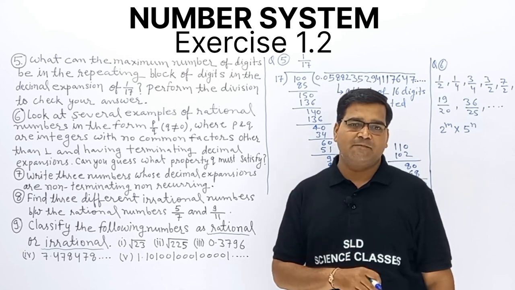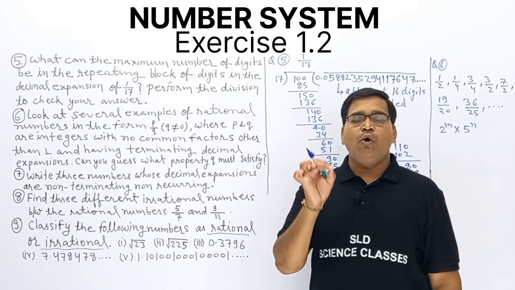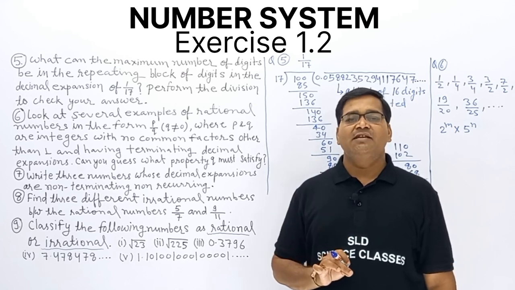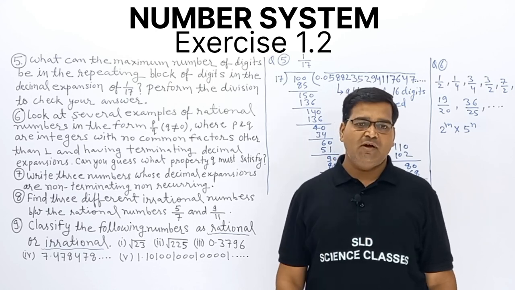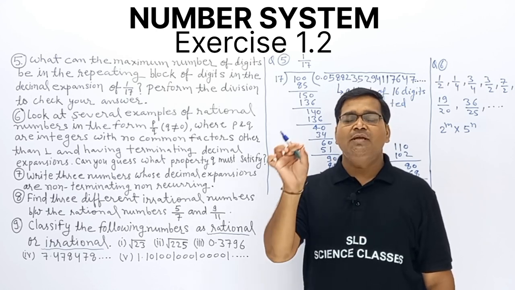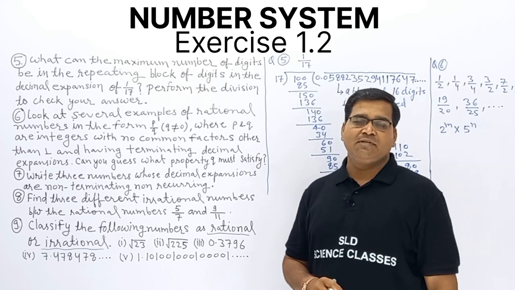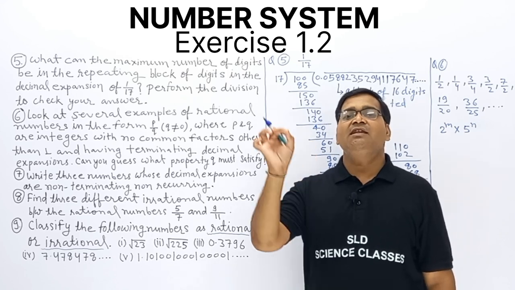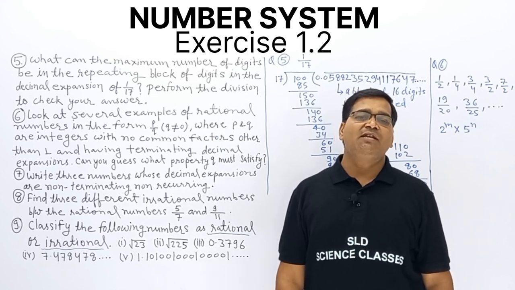First one is this definition. Second point is that all integers are rational numbers. What are the integers? Counting numbers, 0 and negatives of the counting numbers. Now the third one is terminating decimal expansion. What about terminating?